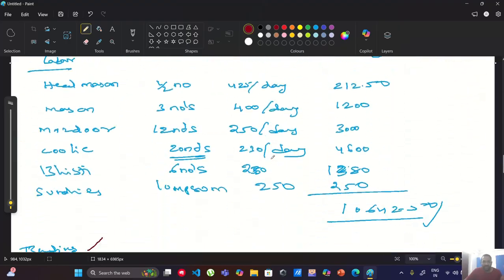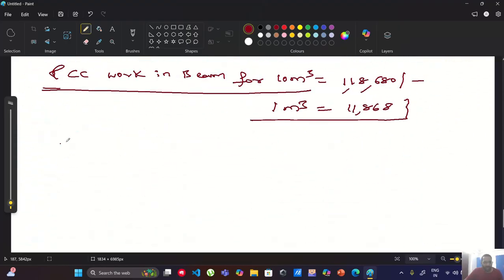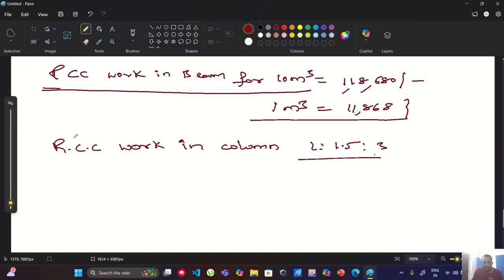Now try one problem at home: the same work in column, 1:1.5:3. Okay, the same concept, you can take the same labors, even the same cost also, no problem.